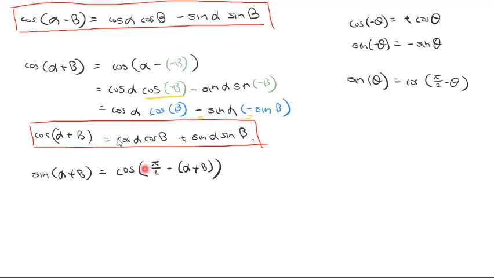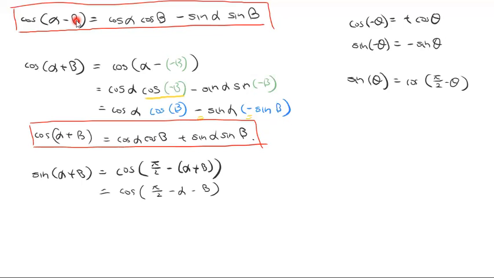Now, if I use this rule now, I'm just going to get back here. That's not very helpful for me. I don't want to get back here. I want to get something like this. So I won't expand using this rule just now. What I will do is expand the bracket. So pi over 2 minus bracket alpha plus beta is the same as pi over 2 minus alpha, then minus beta.